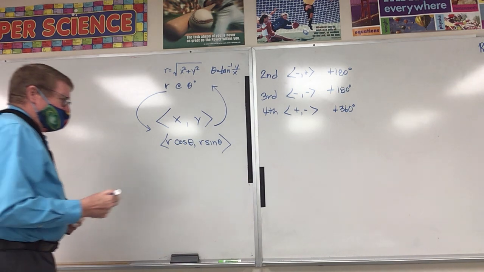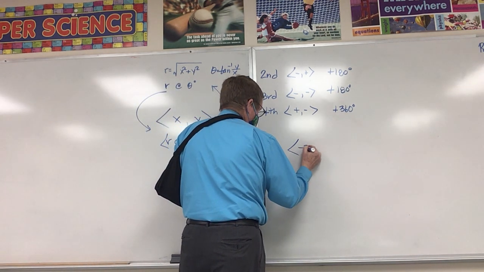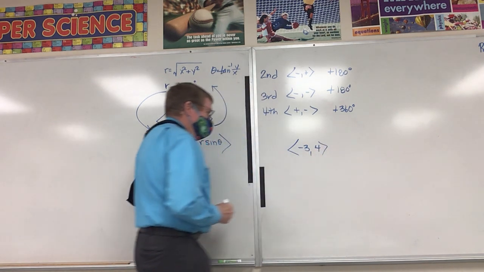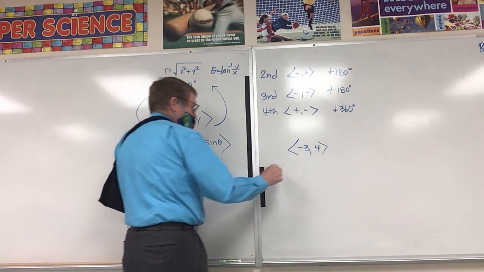Alright, so let's take a look at one. I had the vector negative 3, 4. I want to put it back in vector form, magnitude, degrees. How do I find my R, my magnitude?